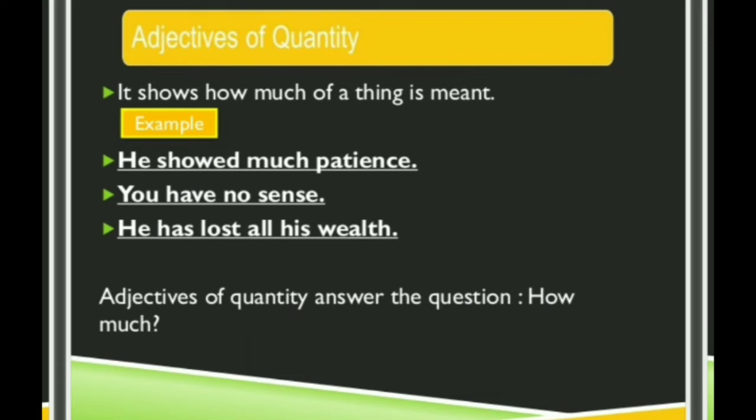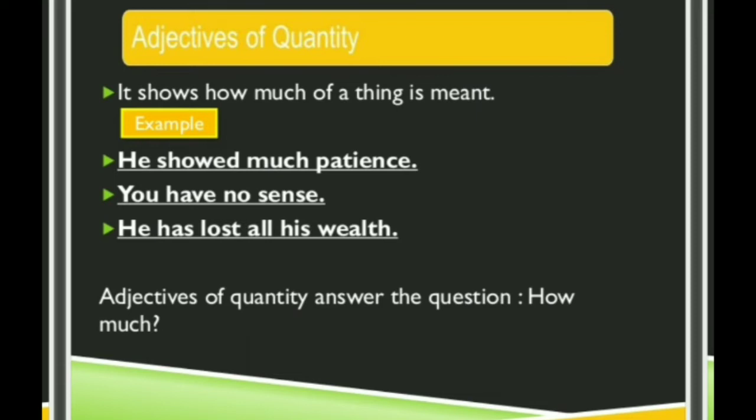For example, he showed much patience. Over here, much means quantity. Are you understanding? So here the adjective of quantity is much. You have no sense. No is also a quantity. If something is nothing, that is also a quantity.